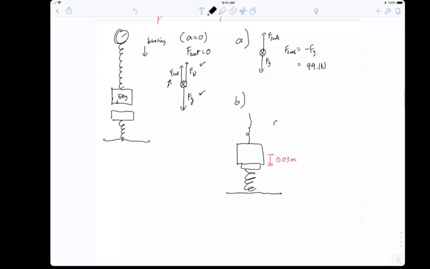In this case, there are three forces on it. There's Fg, and then there's Fn, and then there's F scale.